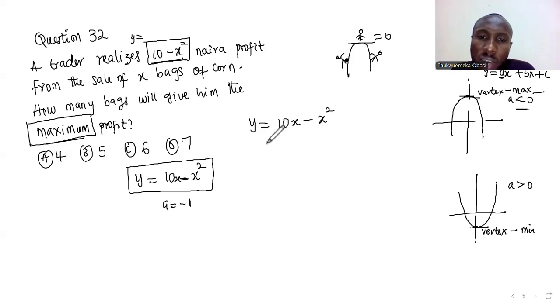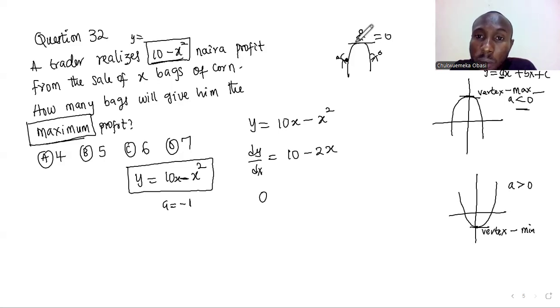So remember, if we differentiate this, we're going to get dy/dx is equal to 10 minus 2x. At this very point, this derivative is going to be 0, because at the maximum point, we are interested in the maximum profit of this sale.